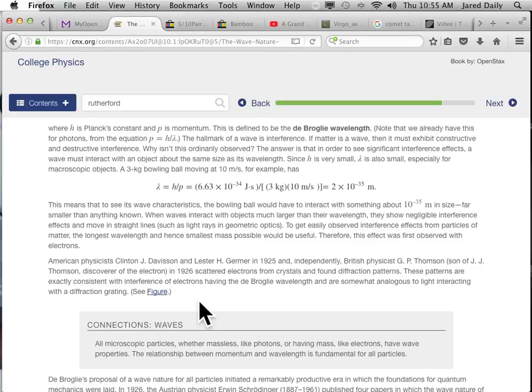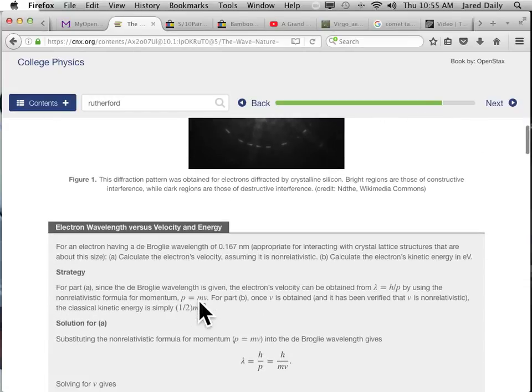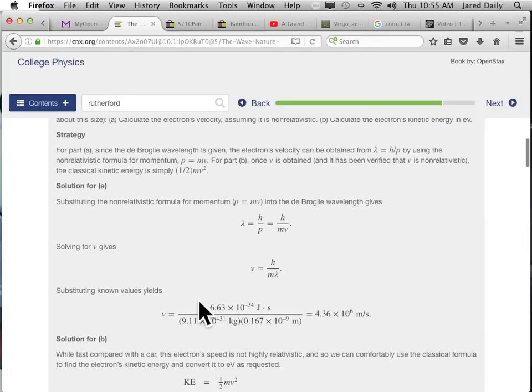So I want to measure the matter wave of something macroscopic, like your chair. The momentum of your chair is going to have to be determined in some frame of reference. And then you're going to have to take Planck's constant, which is a really, really tiny number, and divide it by the momentum of your chair, which may be some number, but it's not really going to be that big. So no matter what, you're going to have a super tiny wavelength for that chair, which means that chair is where it is.